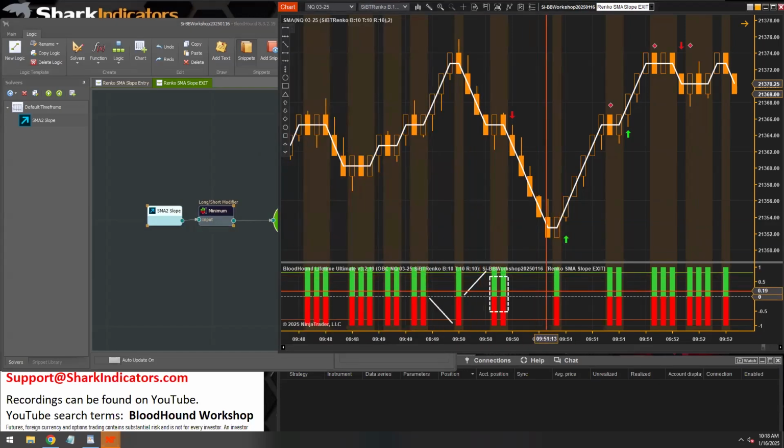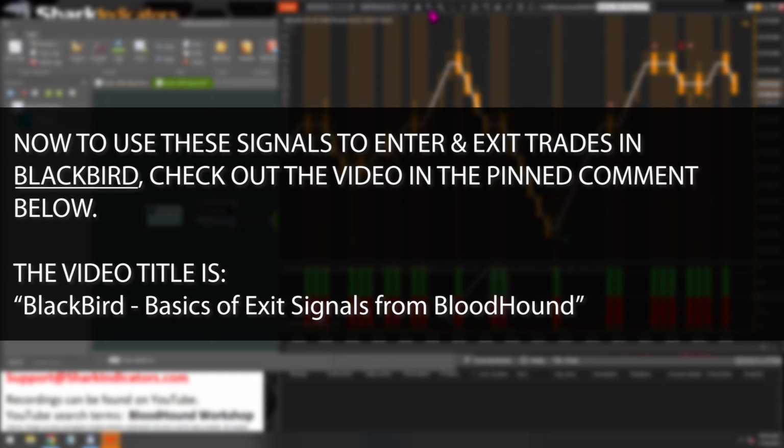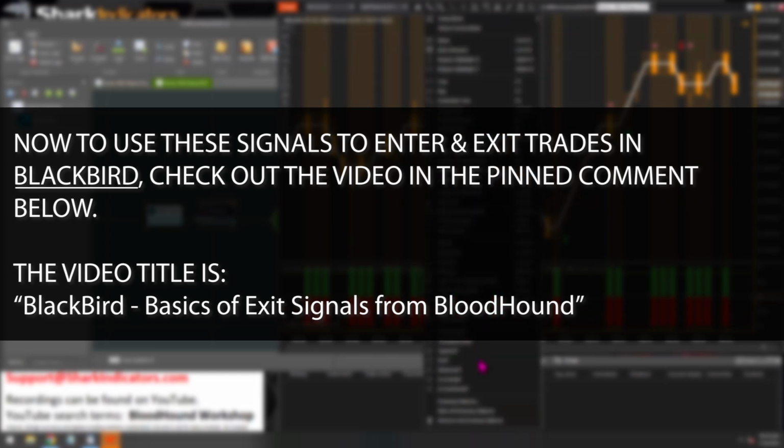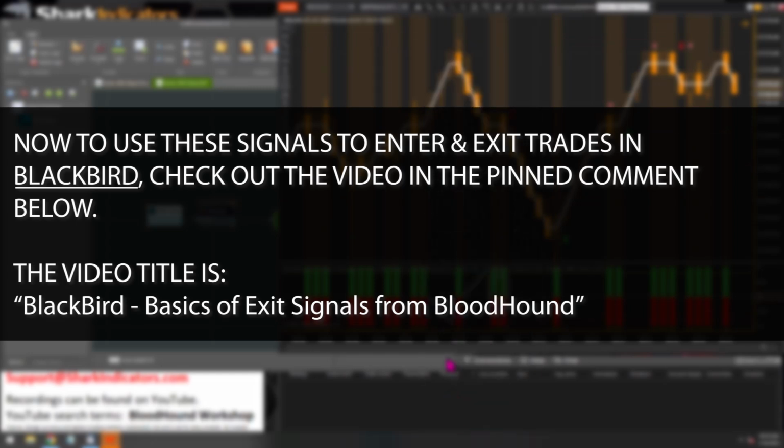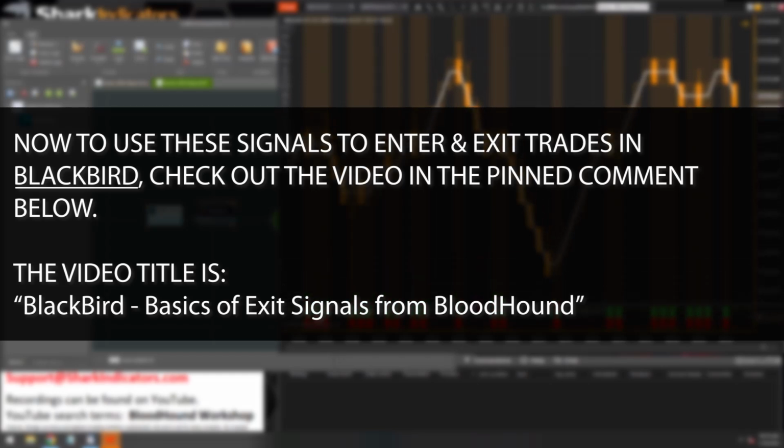So since we have a long and a short output being used for exits, that means that these will exit any trade direction, right? It'll exit a short signal and it'll exit a long signal. So yeah, we got all bases covered there. And then let me just erase my drawings there. And that was it. We're done.